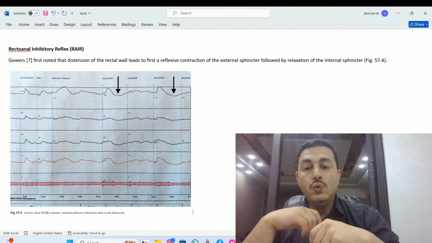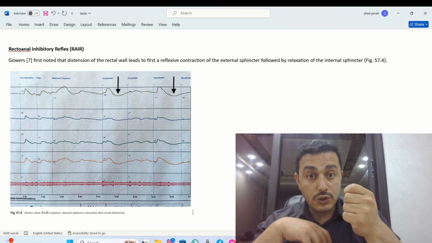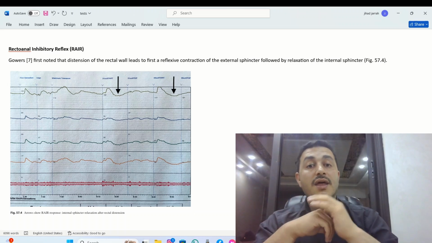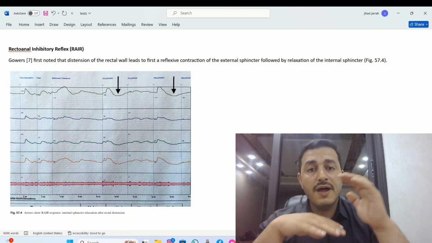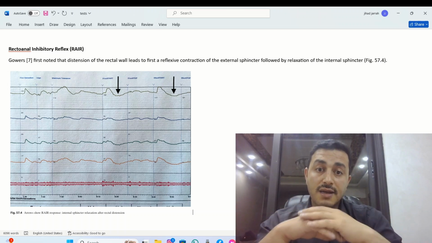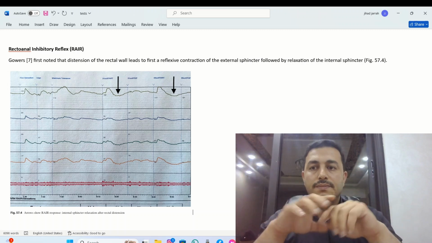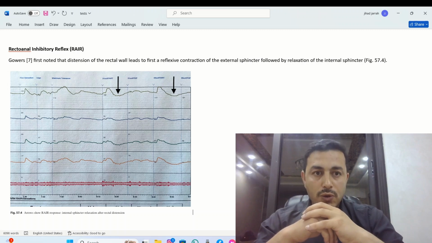We insert a pressure sensing tube with a balloon at the tip that should be in the rectum, 3 to 5 centimeters above the upper edge of the anal canal, and we distend this balloon.